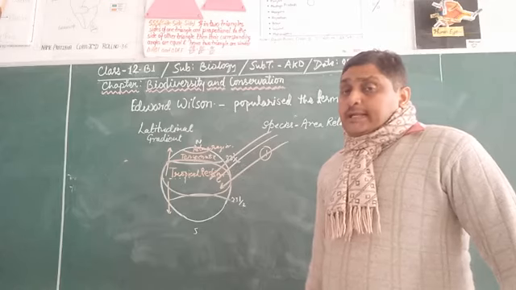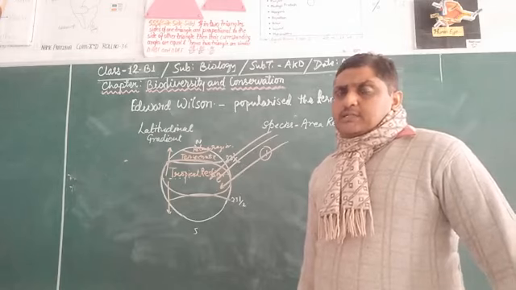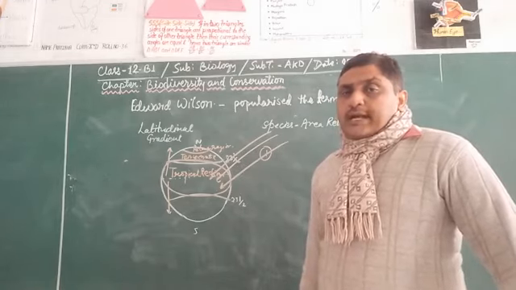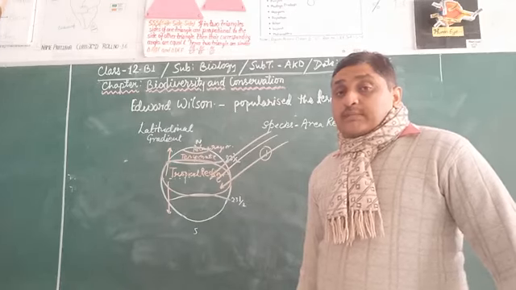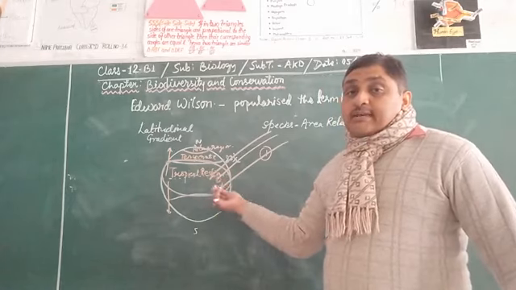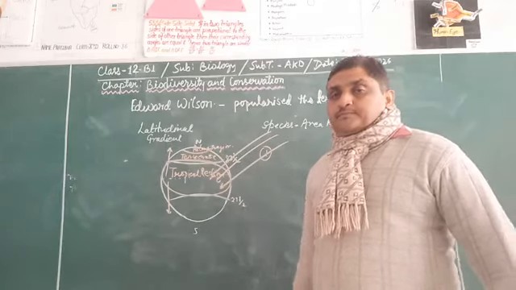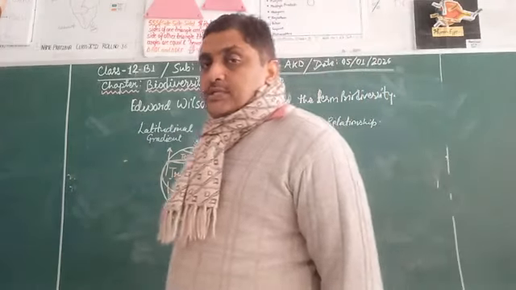Third, in the tropical region, solar radiation is the maximum, so a high energy level is present, and due to the high energy level the productivity is the maximum. Due to the maximum productivity, the tropical region has the maximum biodiversity in comparison to the polar region.